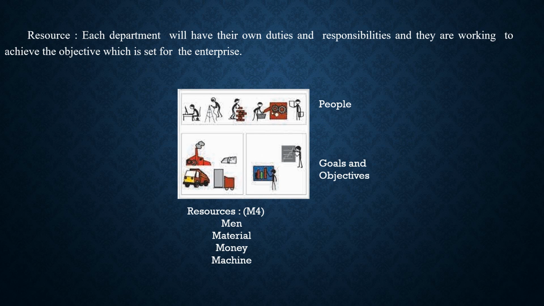Whatever quantity is given, that much product only is manufactured with the help of machines. So machines are a very important concept in the resources. So here remember the resources, the M4 factor, that is man, material, money and machines. So these are the resources which are working in the enterprise.